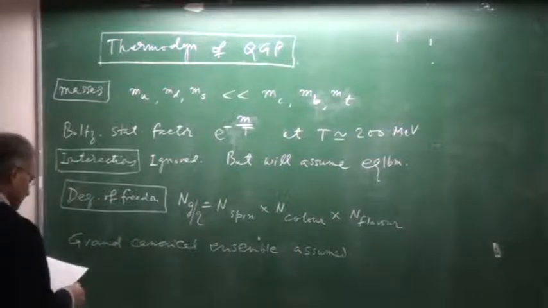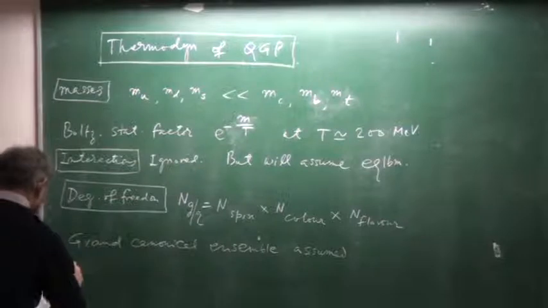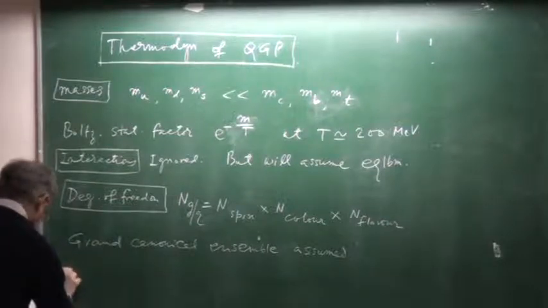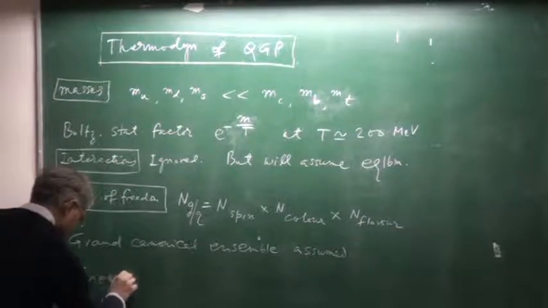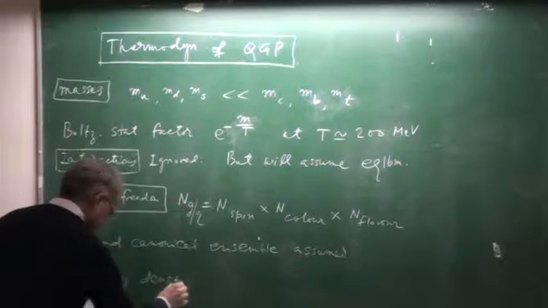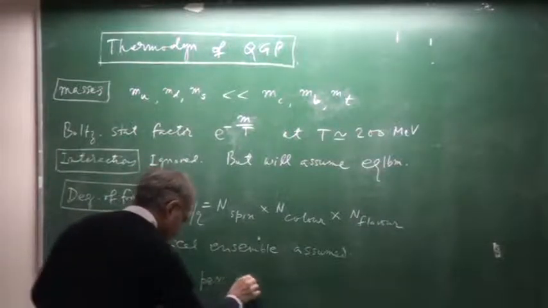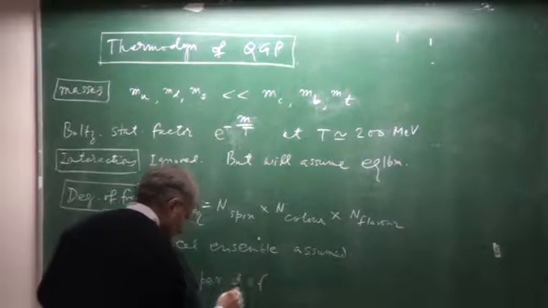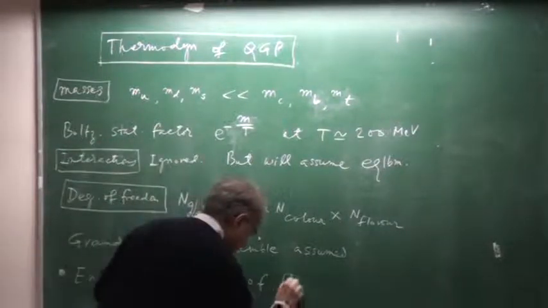And I think this you have also done. One result: energy density per degree of freedom for massless bosons.